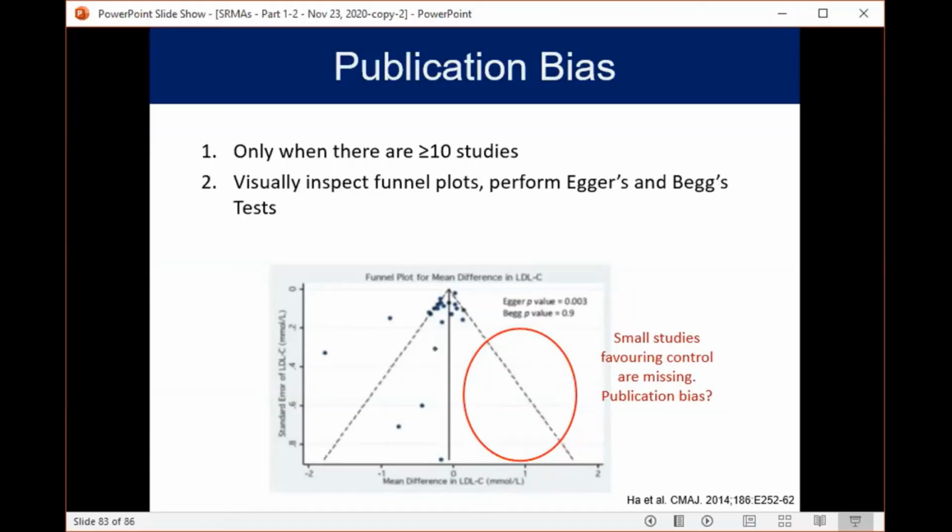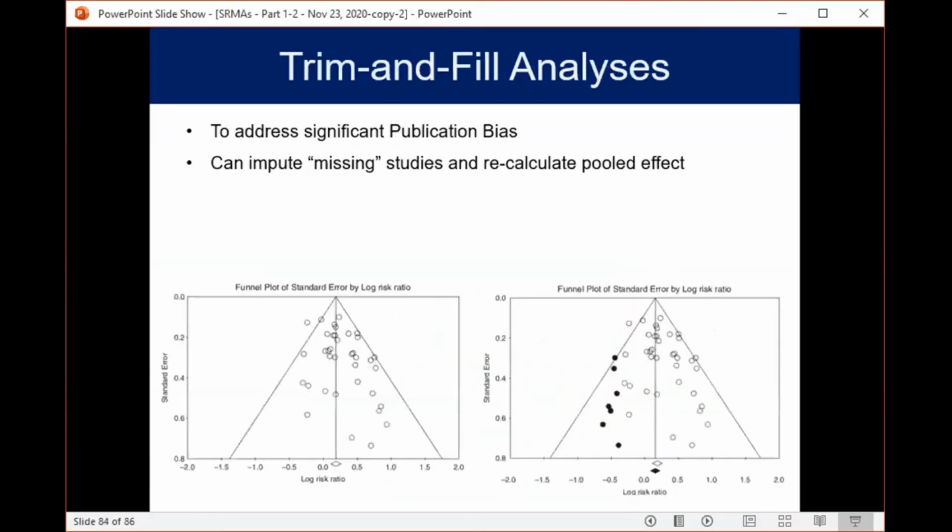You can also perform statistical tests for publication bias, known as the Egger's and Begg's tests. Note that what this may mean is that there are small studies, typically favoring the control, that are missing, meaning that they have not been published. This is why it's important to assess for publication bias, and if it is detected, to use methods to explore it.